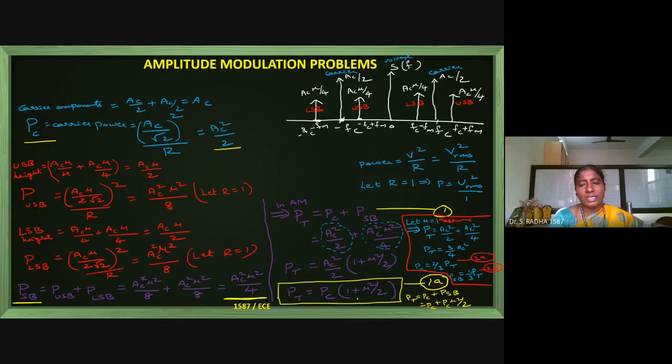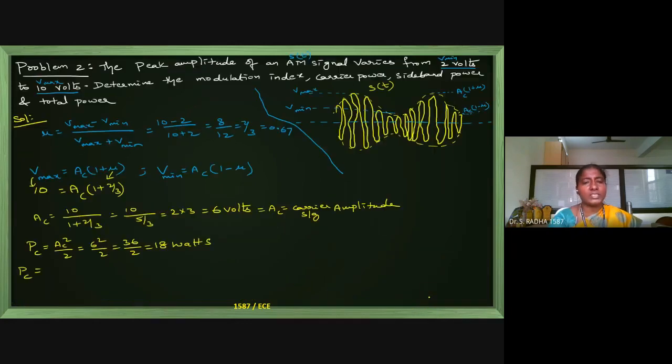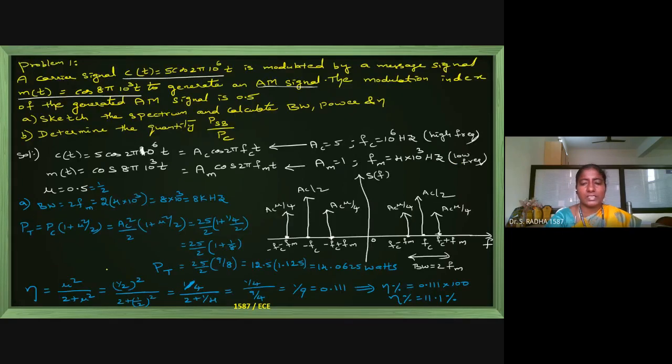You can see in equation 1a, the second term I can write as PC into mu square by 2. That is sideband power. You need not remember big formulas. Sideband power is nothing but PC into mu square by 2. From equation 1a, I am getting this.